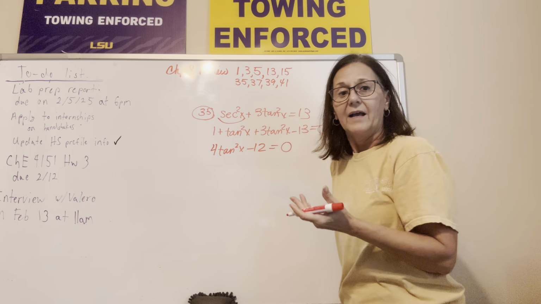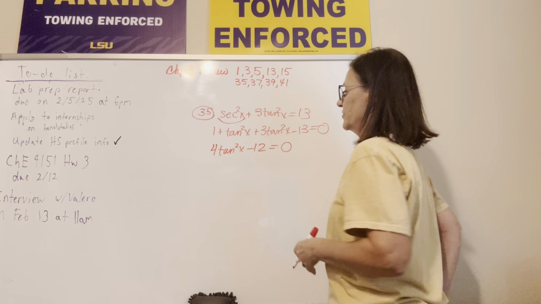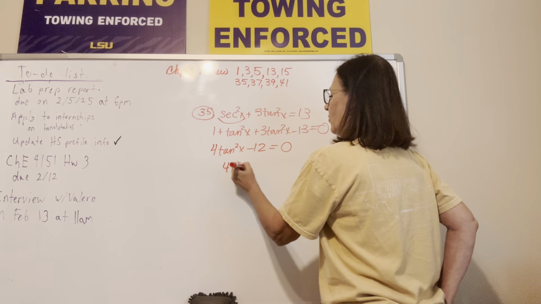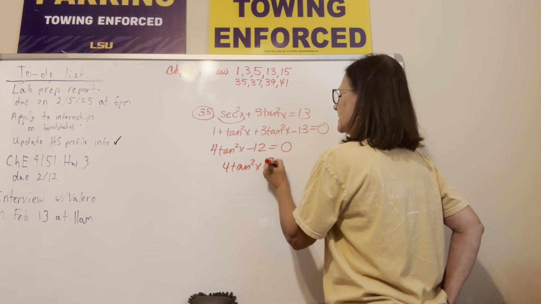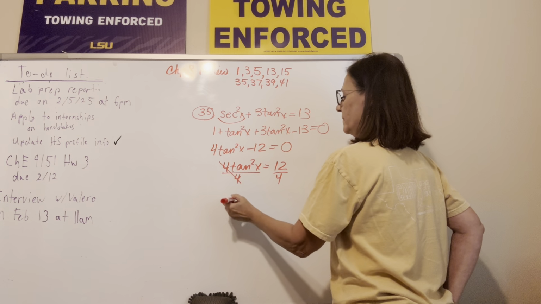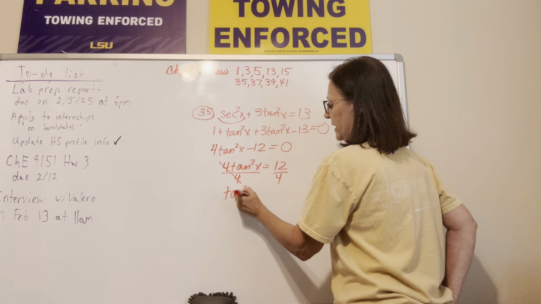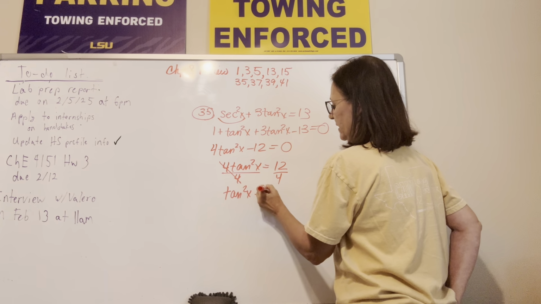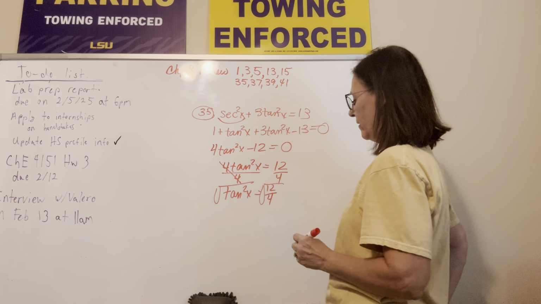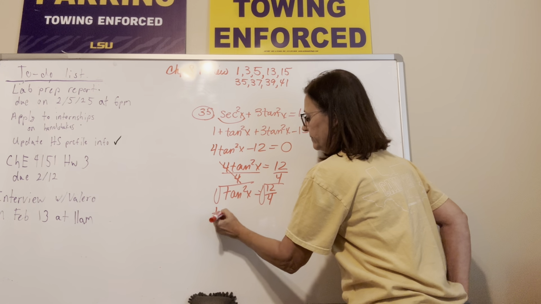I'm just going to go ahead and solve this for tan squared x. I'm going to move the 12 to the other side: 4 tan squared x is 12. I'm going to divide by 4. Tan squared x is 12 fourths. Take the square root.